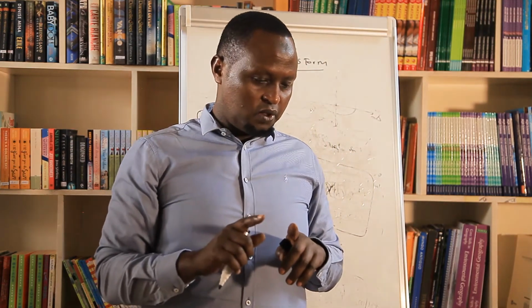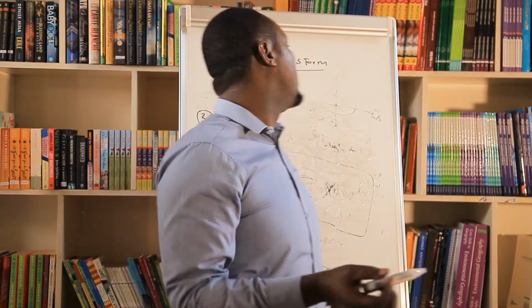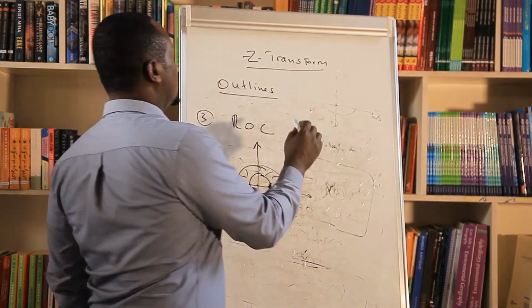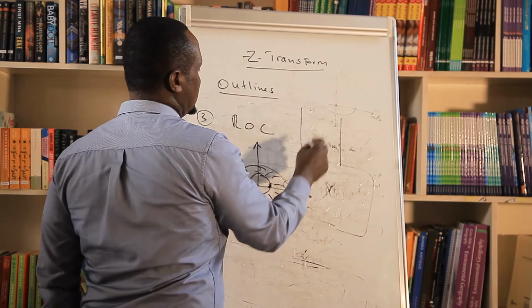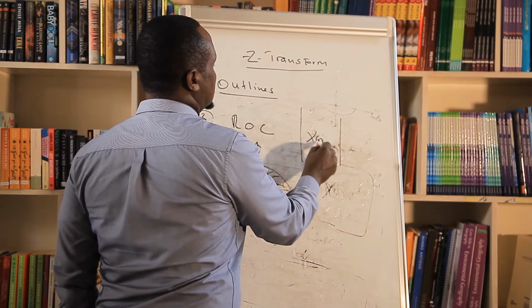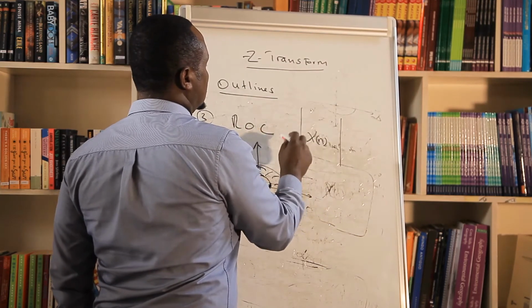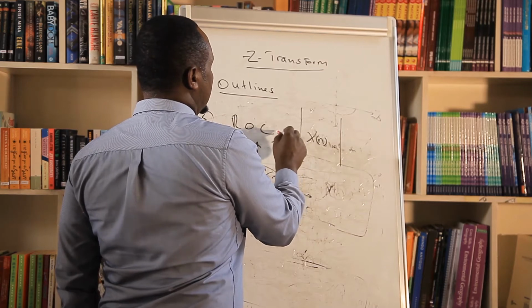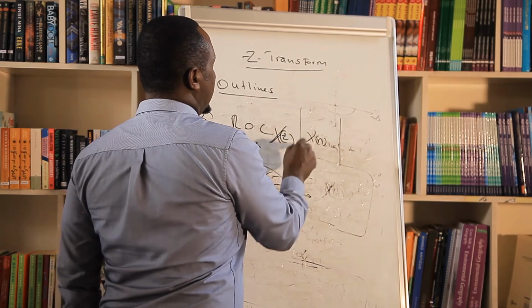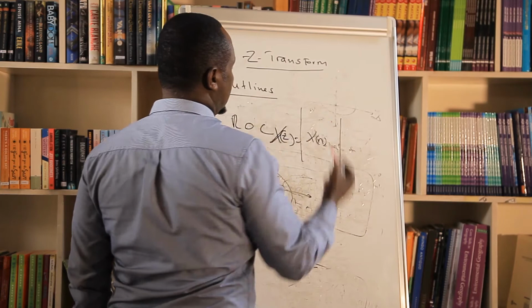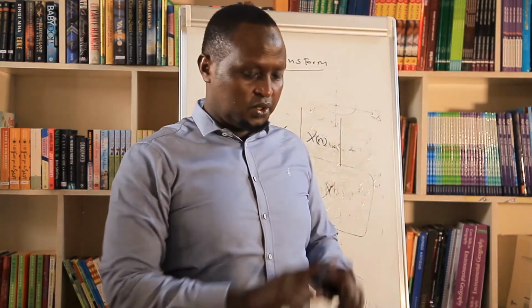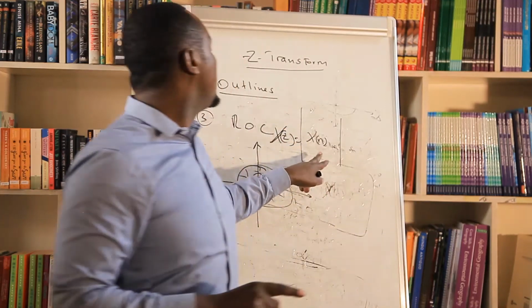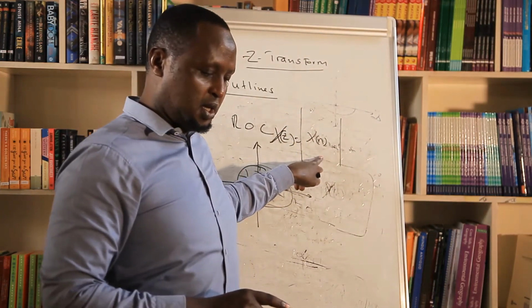Remember, when you want to show something enclosed, you have to take the modulus of that value. For example, big X of z can be on this side. So the values are enclosed in this domain.